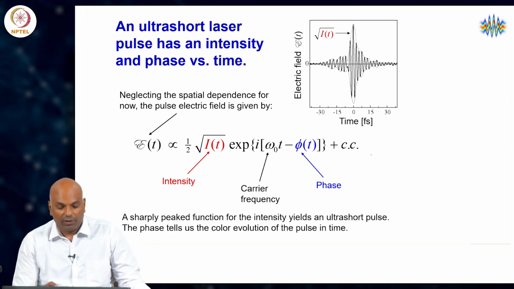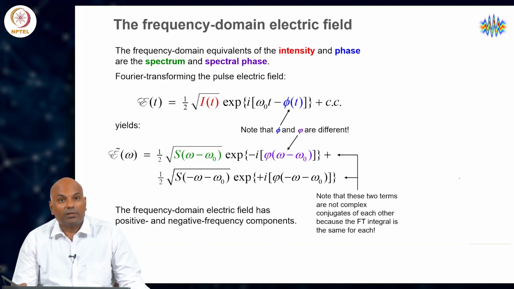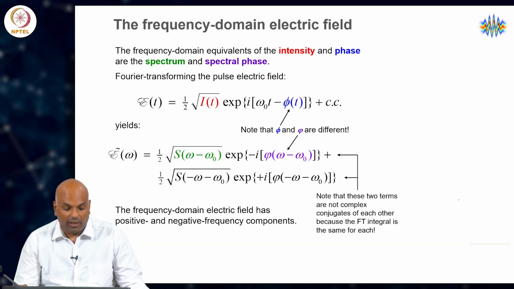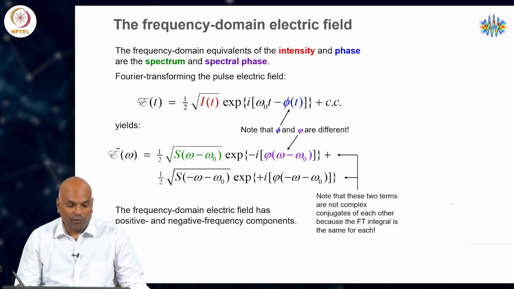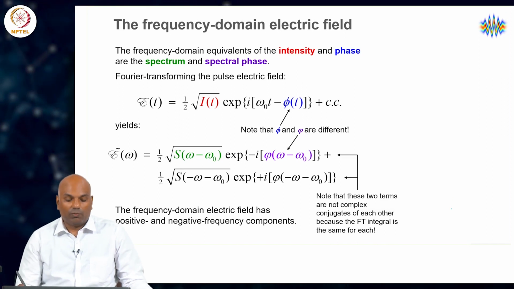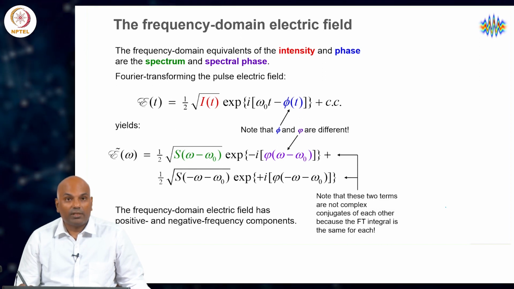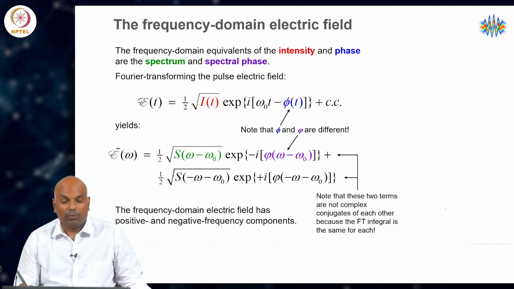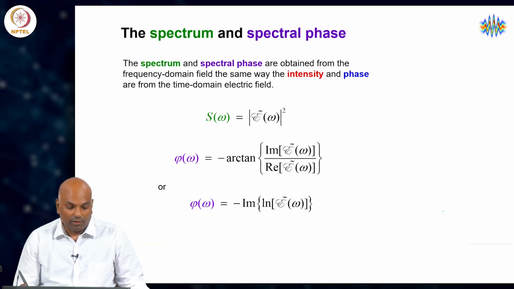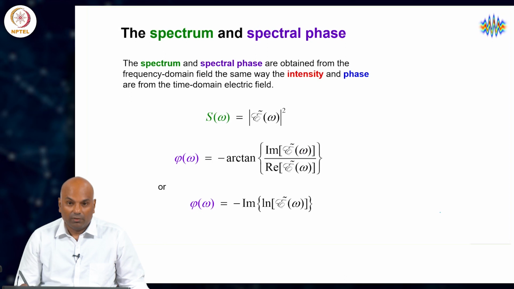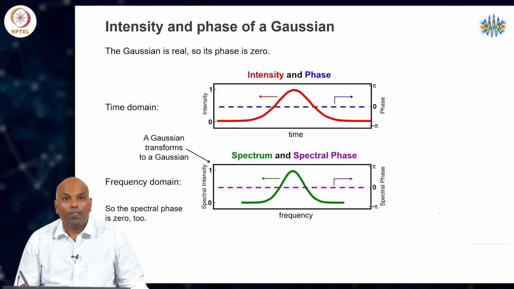And half of this plus the complex conjugate is the real electric field as a function of time. We can write this down in the frequency domain by Fourier transforming it, and we get almost a one-to-one map. There is a temporal intensity and temporal phase, and there is a spectral intensity and spectral phase, and we can relate these quantities to the field itself, as we have seen how to do.